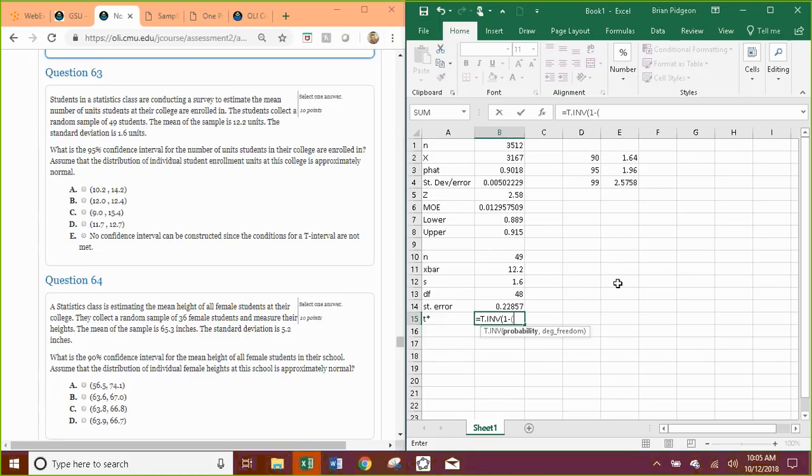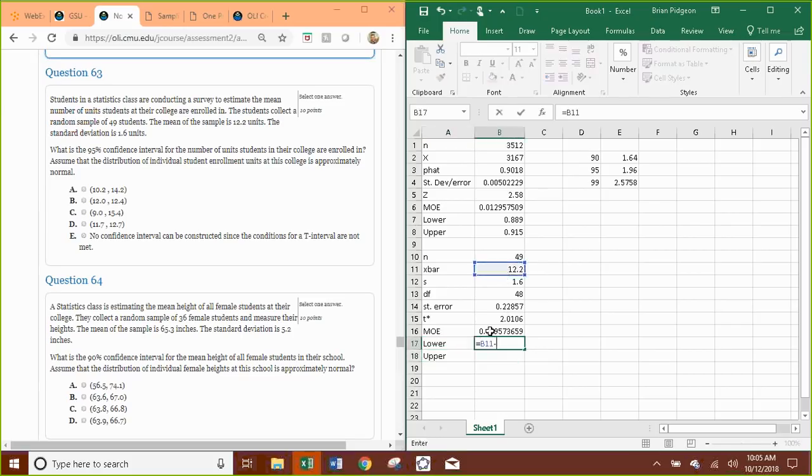So we need to think about how to calculate this. It's going to be 1 minus alpha, alpha being 1 minus 0.95, which is 0.05, divided by 2. And then the degrees of freedom is 48. Then we calculate the margin of error, which is your standard error times your t value.